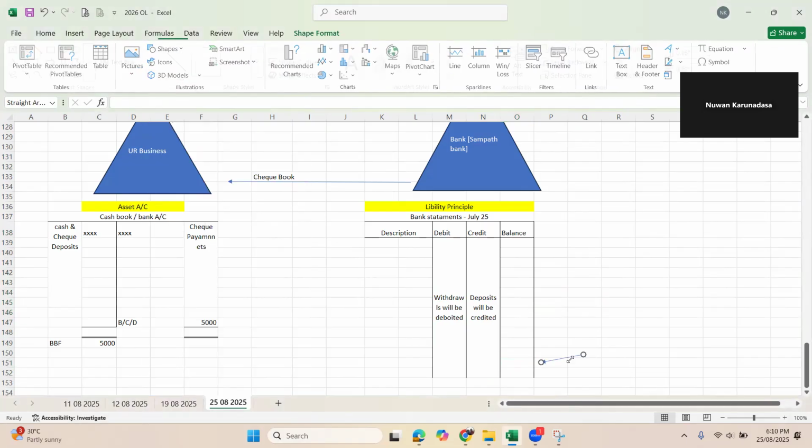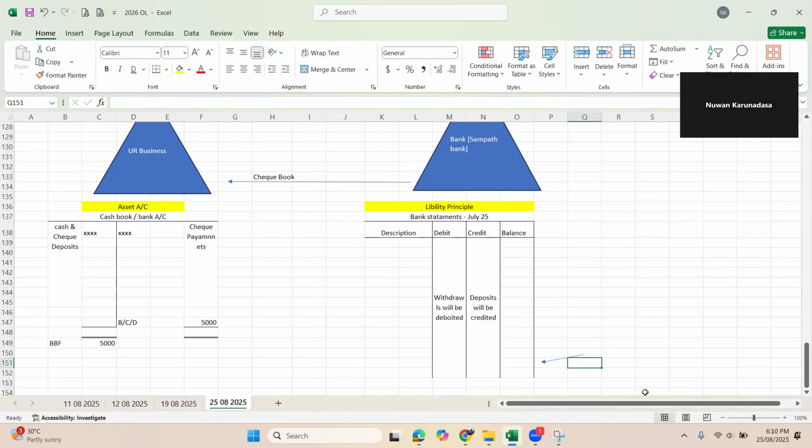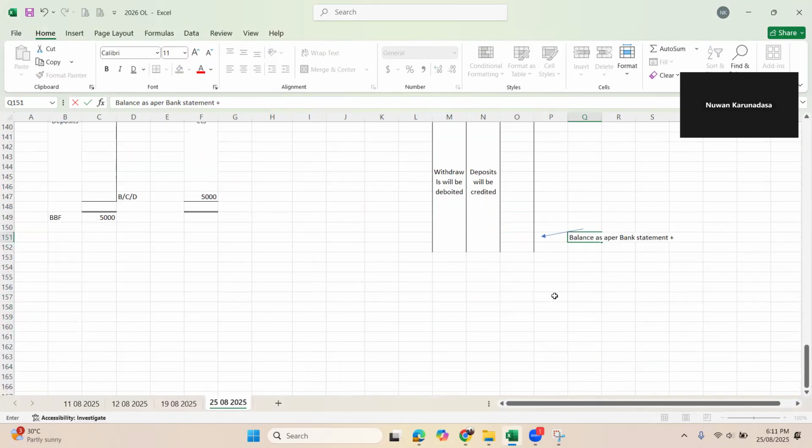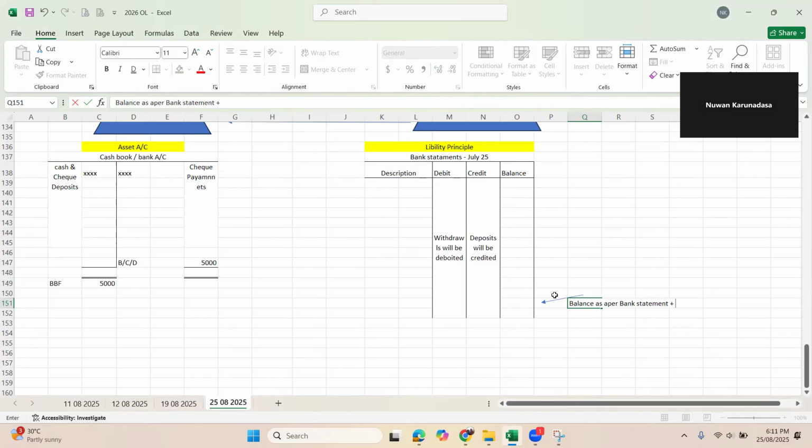Finally, here you get the balance as per the bank statement, as per the bank record, at the end of the month. We'll assume a figure here, 3,000.